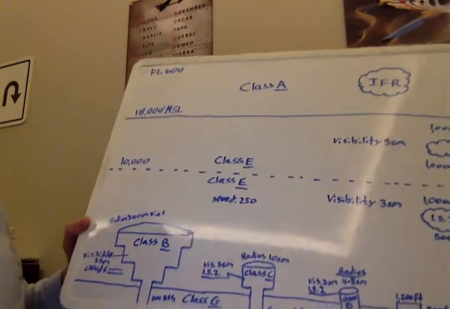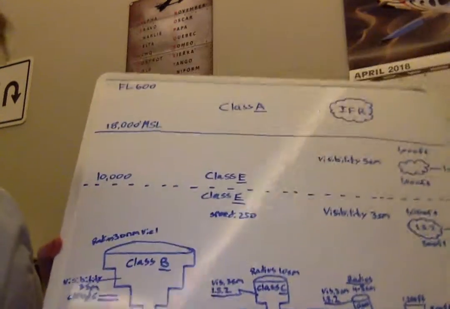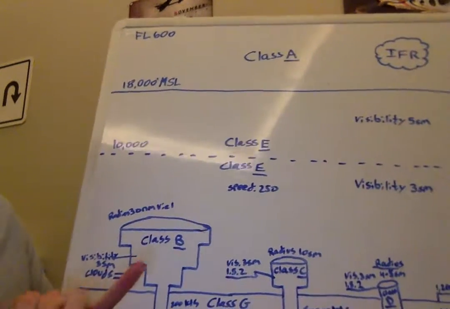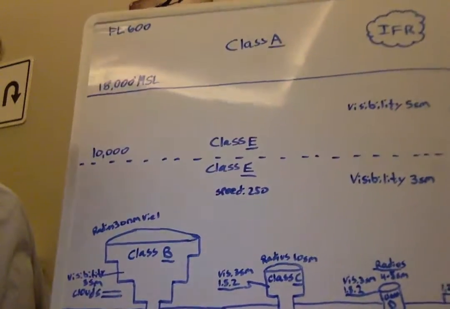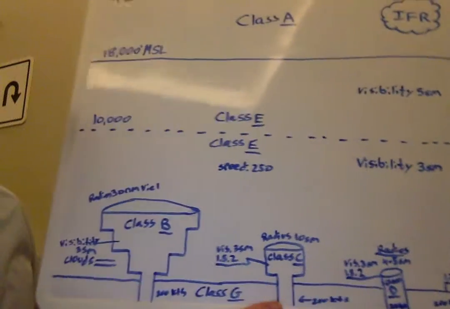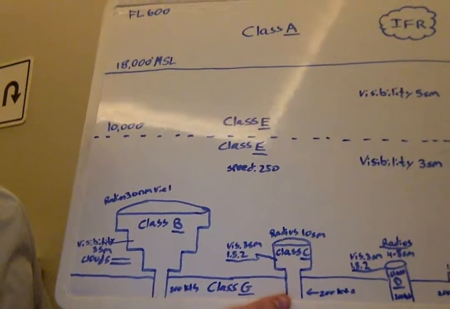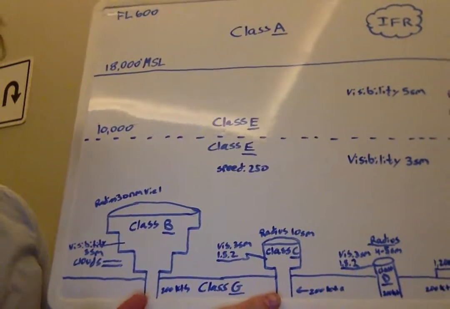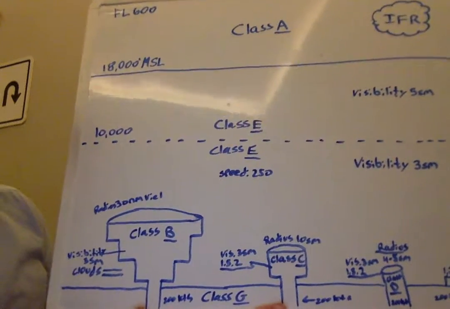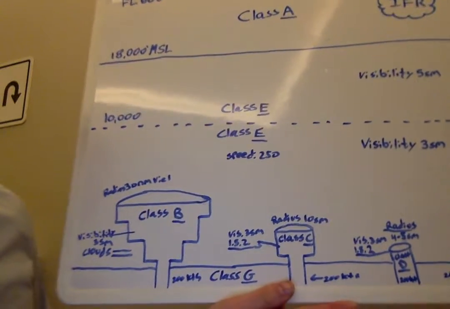This is all controlled airspace except for Class G. But we're still talking about controlled airspace, so let's talk about Class B. Class Bravo airspace is often referred to as an upside-down wedding cake, which it looks like.